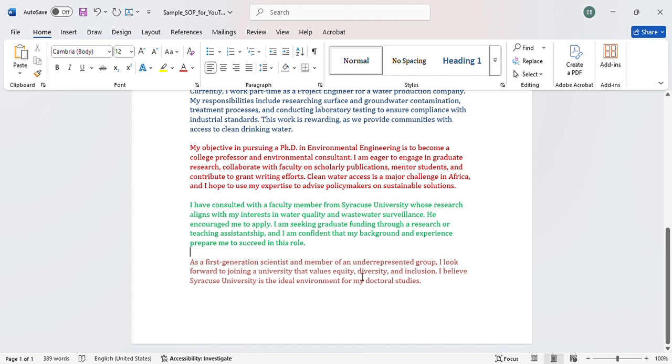That's why I highlighted it here. Some schools value this a lot, and they want to include people from all over the world, no matter their background. So you could look for such schools as well.